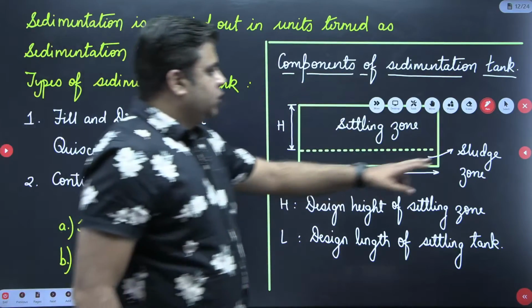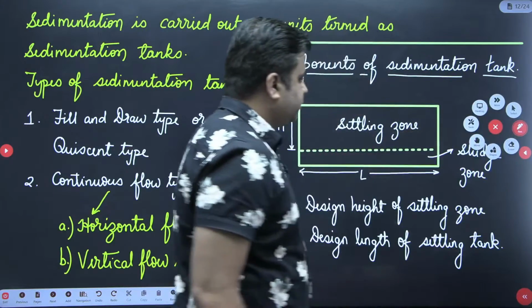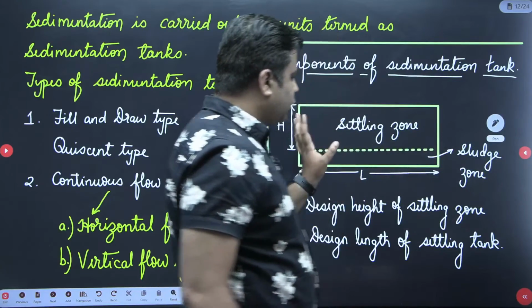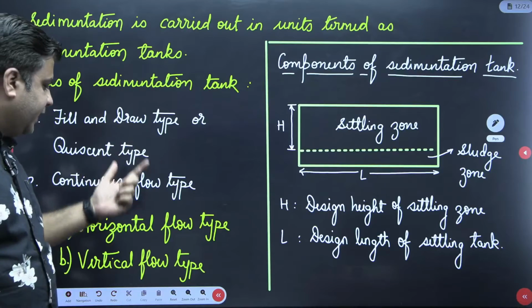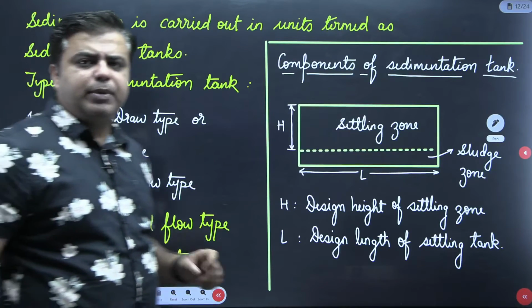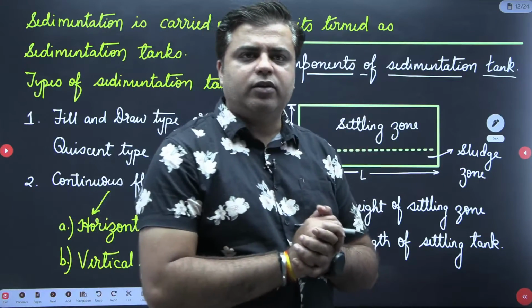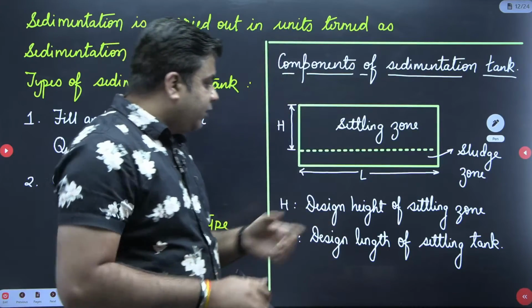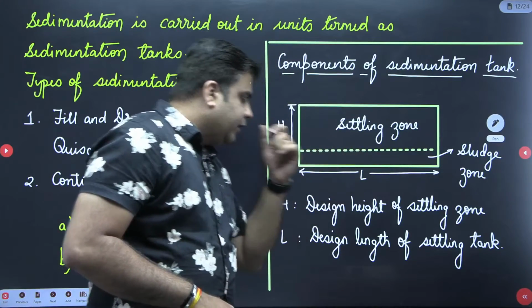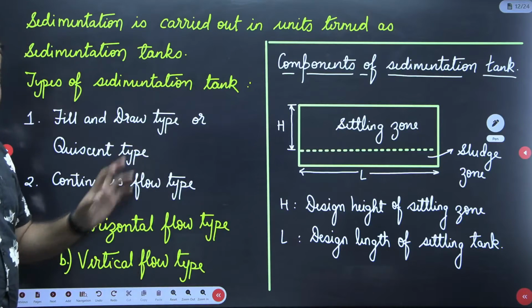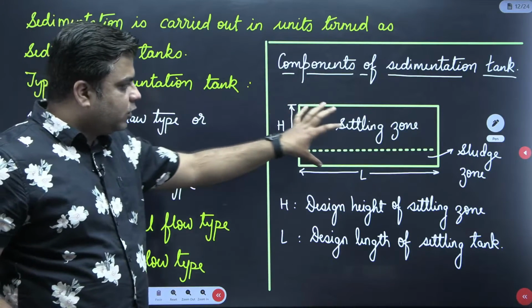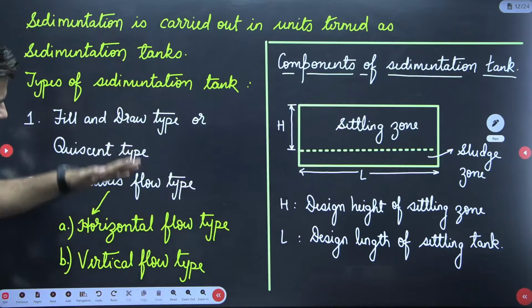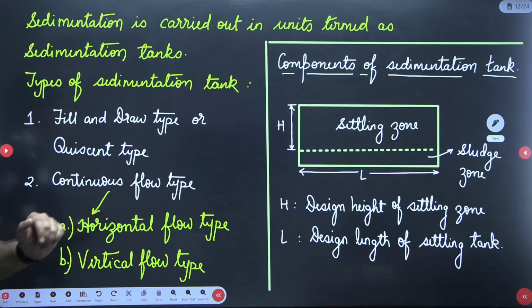Okay, so this is the thing. Now this data is common for any type of tank, whether it is fill and draw type tank or a continuous flow type tank. But again there will be change in this data as you change the type of tank. So you read about different design components of these tanks when you read individually about all these different types of tank.